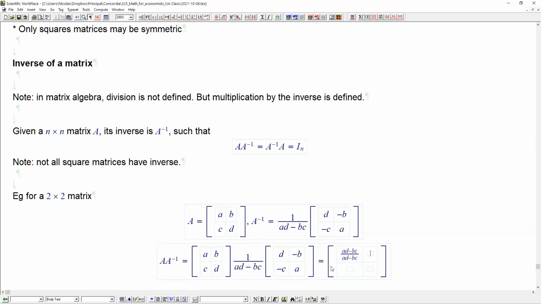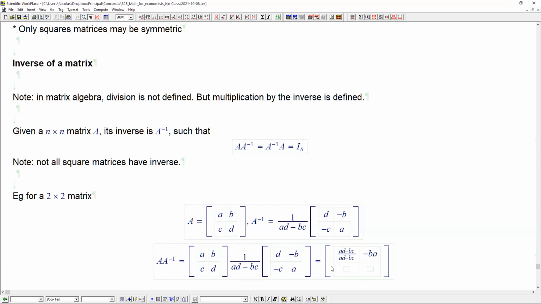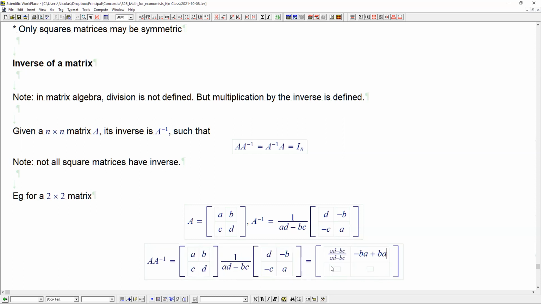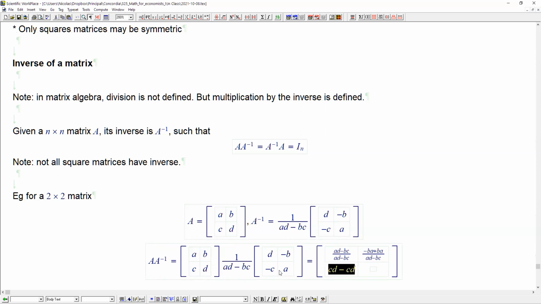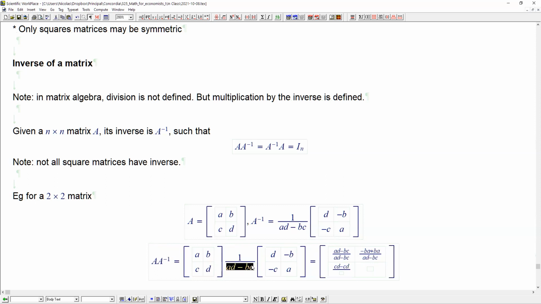So minus BA plus BA, so divided by AD minus BC. Third element, CD minus CD, divided by AD minus BC.